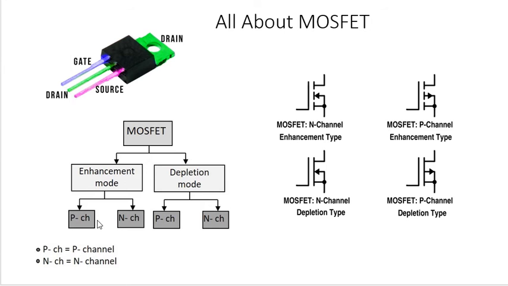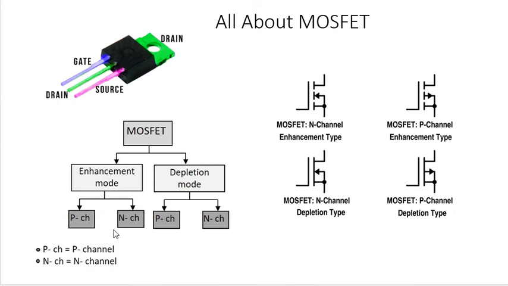Again, here we have the types N and P channel. A P channel MOSFET means the substrate material of the MOSFET is of N type and its channel is of P type. Similarly, an N channel MOSFET tells that its body is of P type and its channel is of N type.